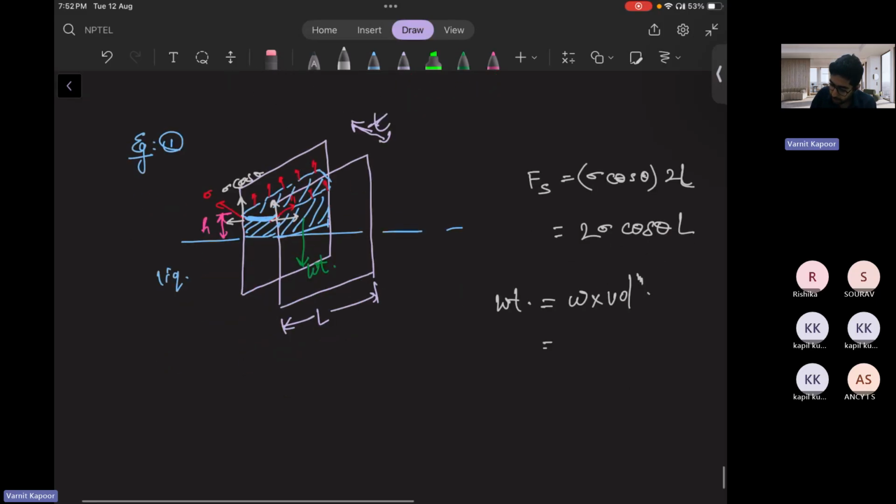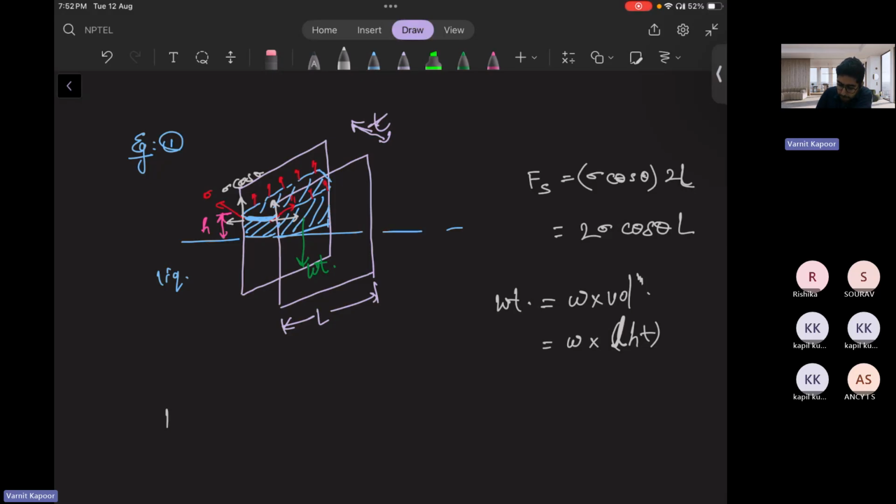That is W into the volume, which is length into H into thickness. This is the volume of the cuboid, length into H into thickness. So this is the way.